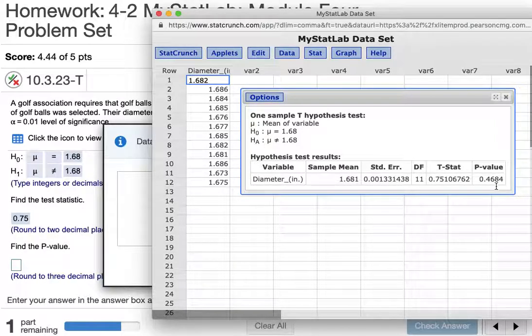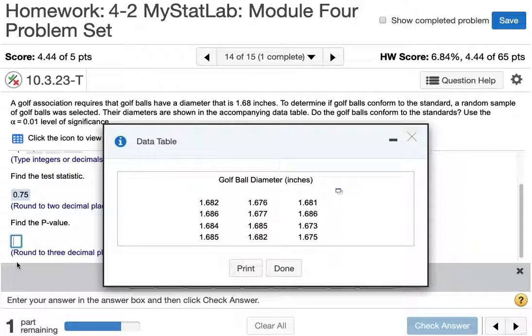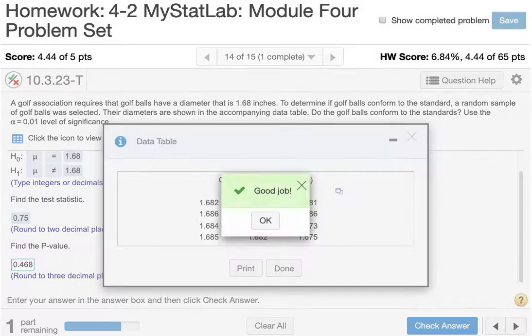So our p-value is 0.47. Oh, no, it's like three places, so 0.468. All right, that looks good.